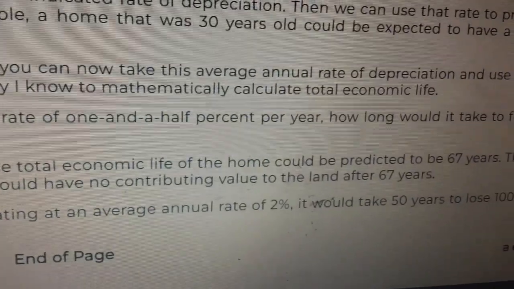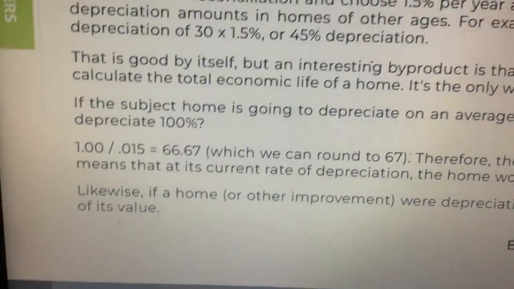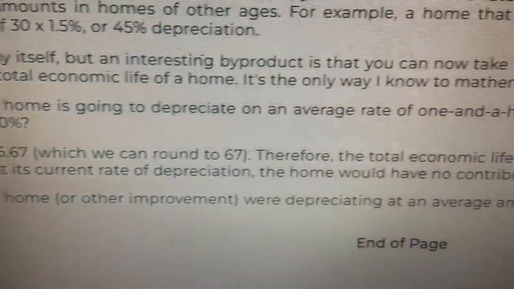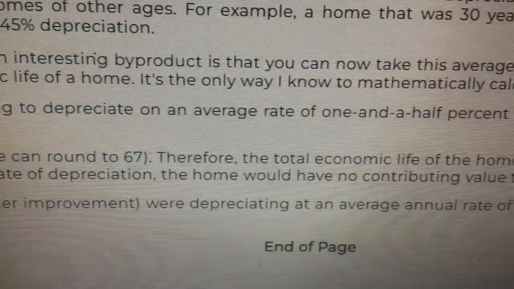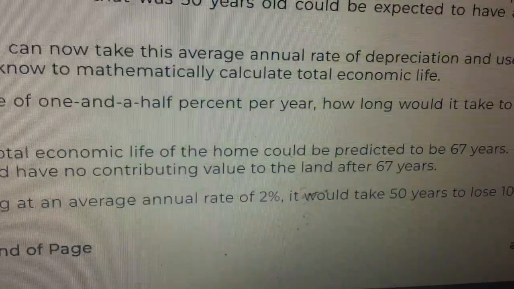That is good by itself, but an interesting byproduct is that you can now take this average annual rate of depreciation and use it to calculate the total economic life of a home. It's the only way I know to mathematically calculate total economic life.